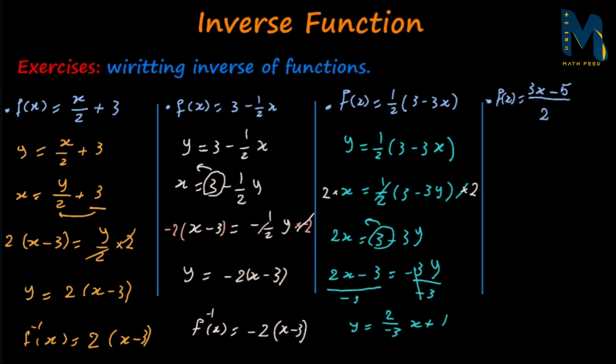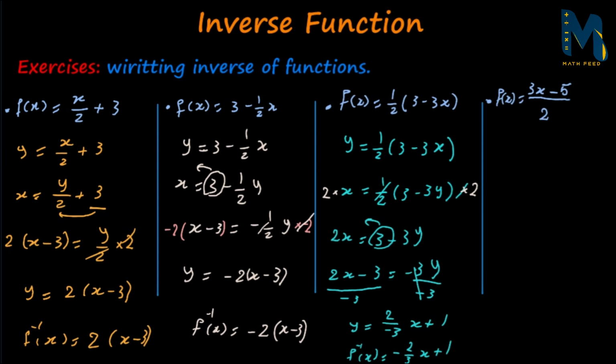Because this negative 3 is for both of them, we have minus between them, so negative 3 is for both of them. Negative 2 over negative 3 will be 2 over 3 x, and negative 3 over negative 3 will be plus 1. Now we change y to f inverse of x equals negative 2 over 3 x plus 1.